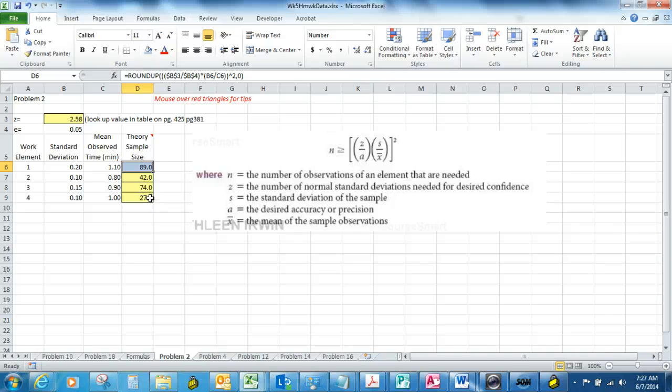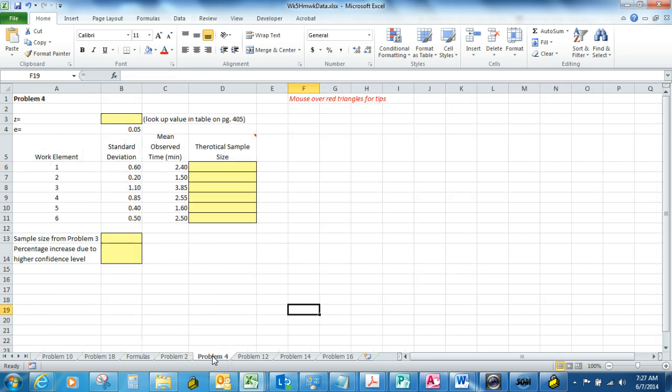So you will cover all of the other work elements if you choose a sample size of 89. Okay, so that's the answer to problem 2. And you're going to do the same thing in problem 4. It's the same type of problem. Okay, and that's it for those.